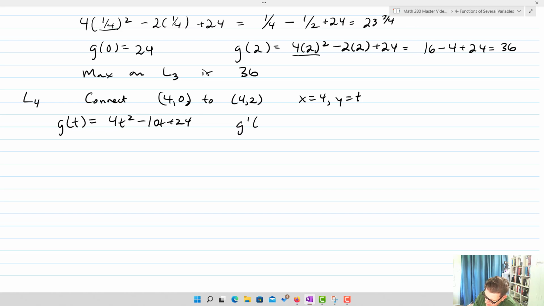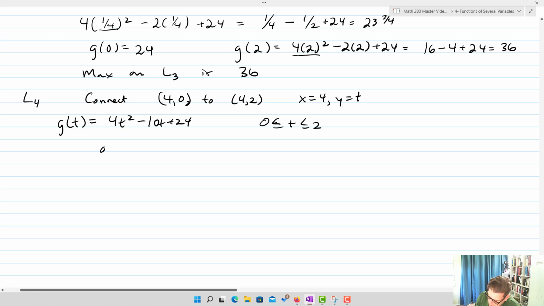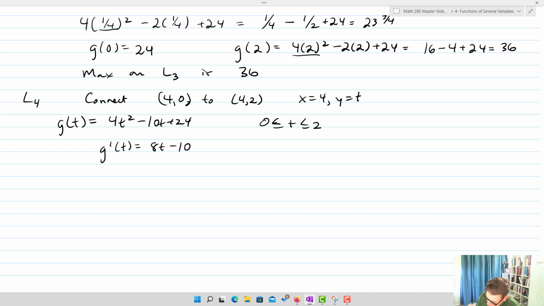So g prime of t, and by the way, we're going to go from 0 to 2, is going to equal 8t minus 10. So 8t minus 10 equals 0. 8t equals 10, so t equals 10 over 8 or 5 over 4, which again is also between 0 and 2.